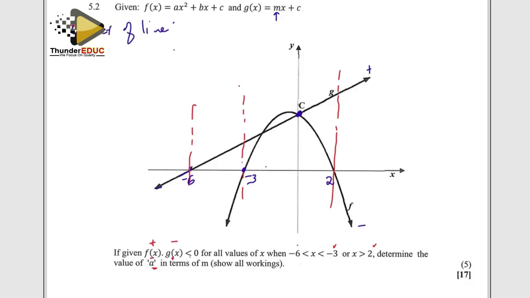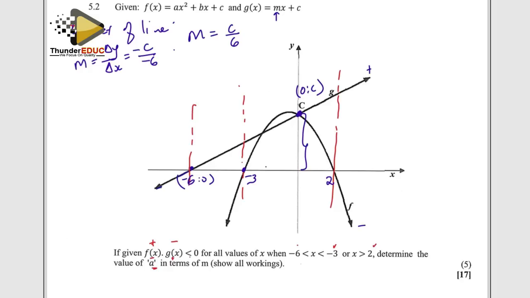So I know that this is 0 and c. Then I can use this as -6 and 0. I can just look at the change in y and then the change in x. So that's going to be change in y over change in x. That's going to be -c over -6. So which means m is going to be c over 6 for that case. Remember, change in y is the same as m.